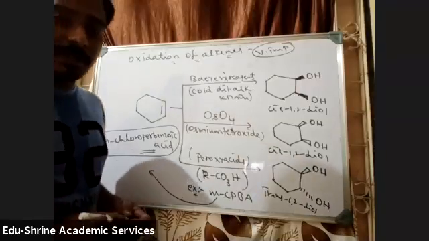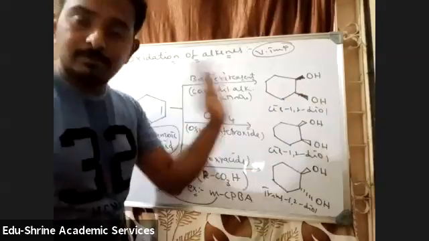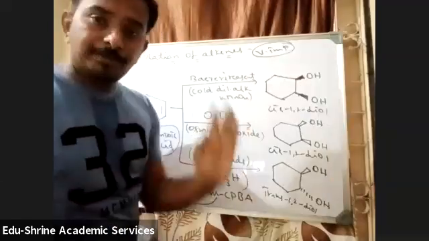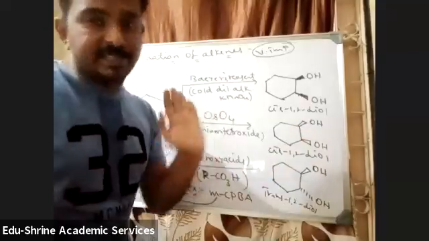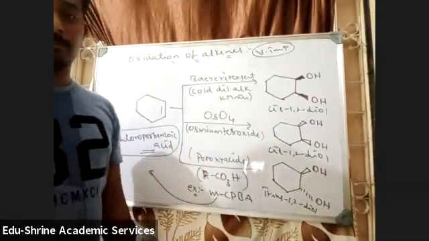Now, all these are the three oxidizing agents which convert alkenes to diols. If I use Bayer's reagent, you will get cis diol. If you use osmium tetroxide also, you will get cis diol. If you use peroxy acids, you will get trans diols.